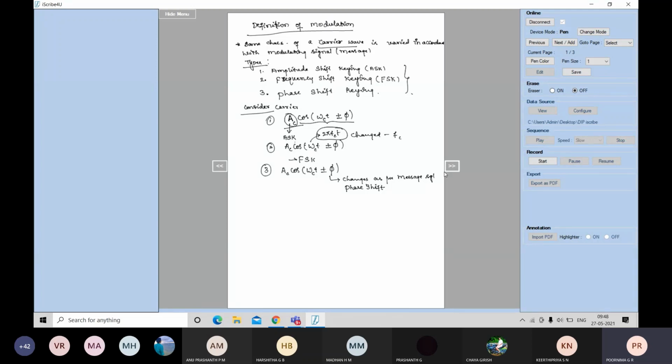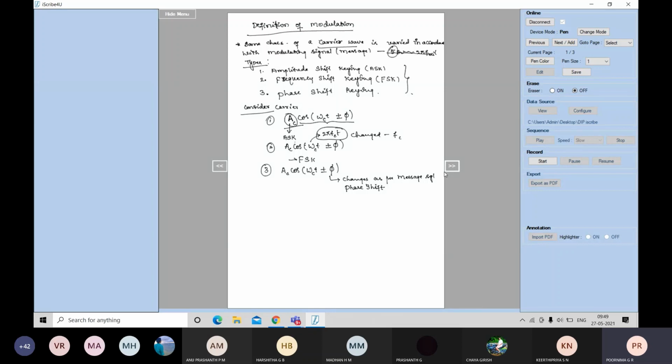Suppose your message signal has 5 sin(2 pi fm t), so this amplitude is assigned to Ac, then that is termed to be an ASK.